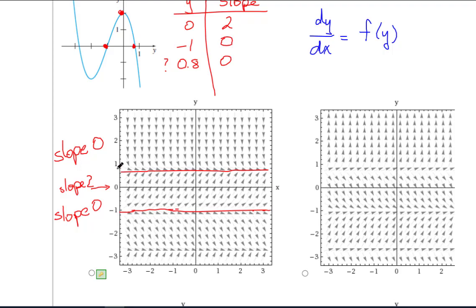And if I come here to, so here was y equals 0. Here's y a little bit under 1, so I'll call it 0.8. And here's y is -1. Perfectly flat. And if I'm under that, then the slope becomes more negative.